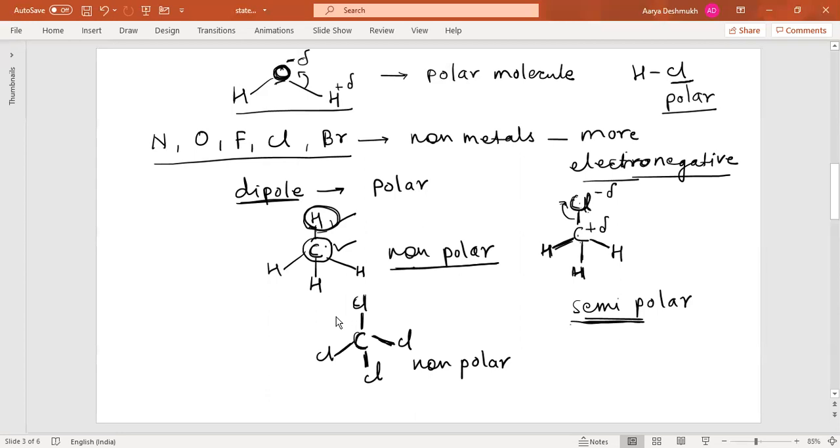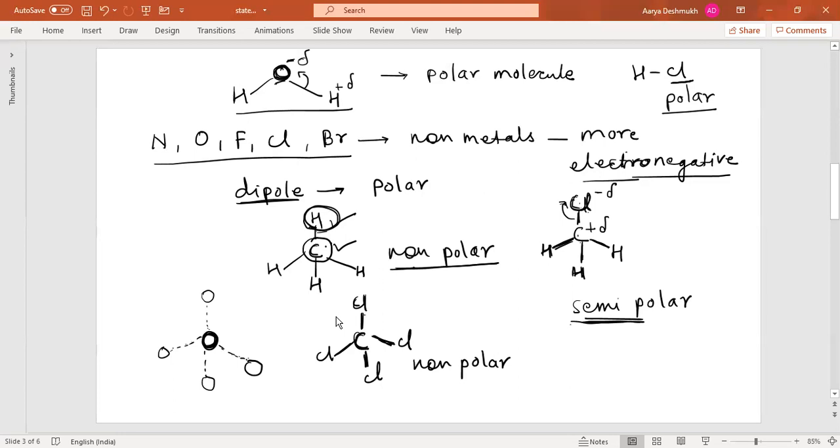Imagine this is a ball, and we tied it with four different balls in four directions, and if you pull all four balls with the same force, the ball at the center will remain as it is, it won't change its position. The same is happening with this carbon atom.